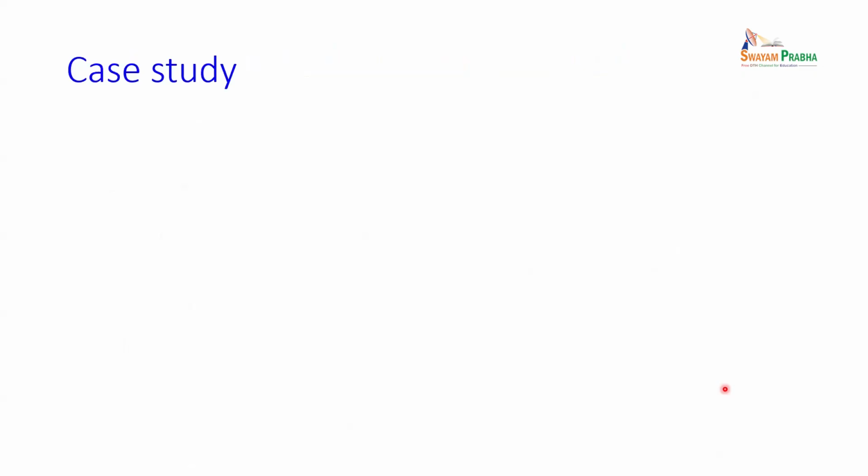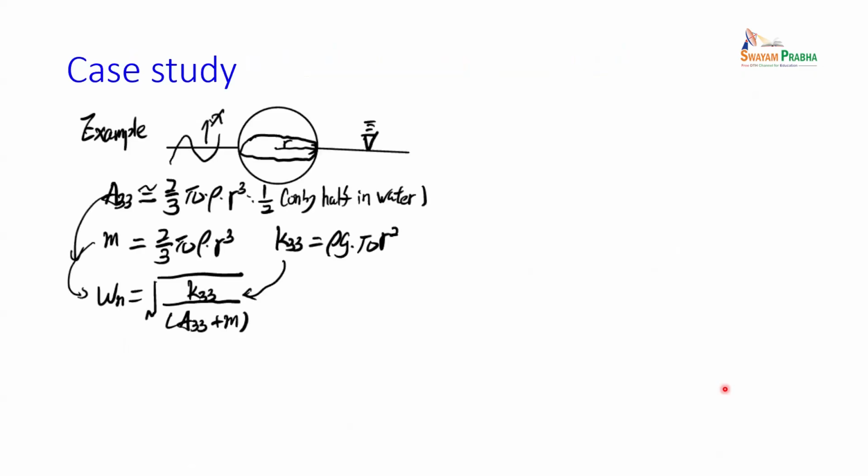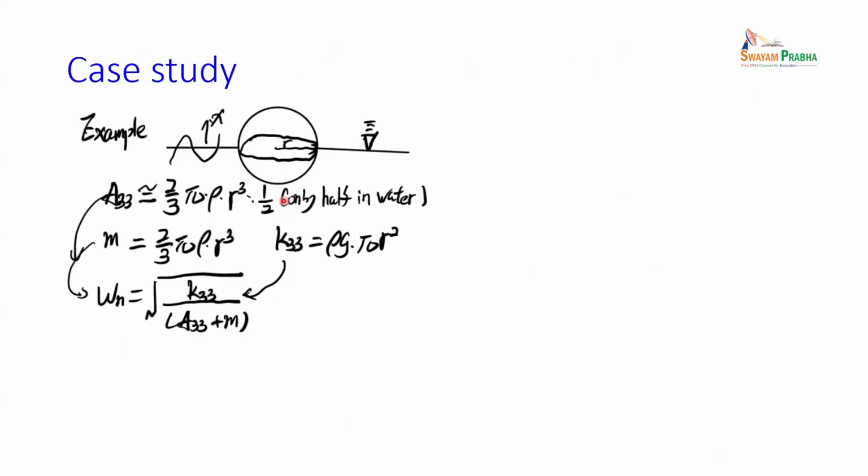Our buoy put in the water is a ball shape, right? And suppose this ball is half submerged, half in the air, right? So for this one, you can calculate the physical mass using the water density, because your ball is half in the water, right?